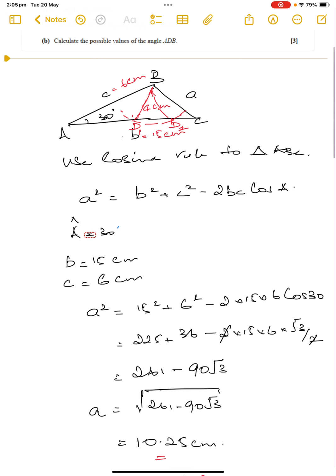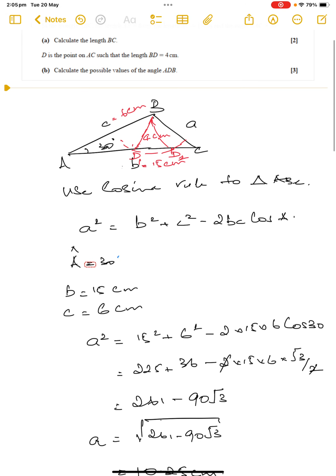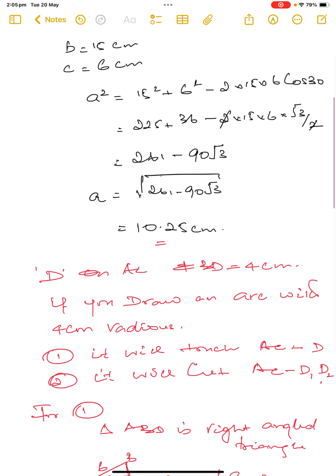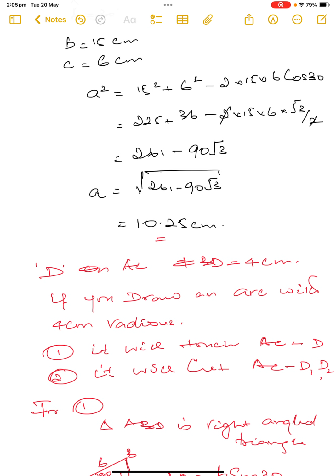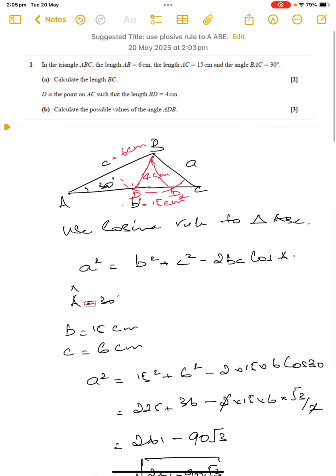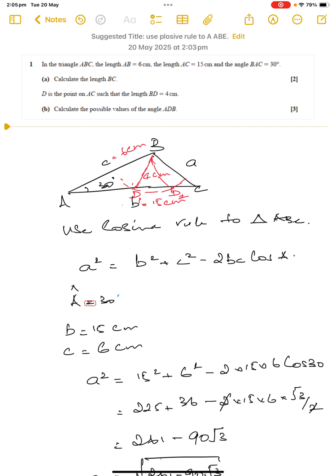So if BD is 4 centimeters, we could do a little arc from the center B with the radius of 4 centimeters; it either could touch the AC or cut the AC. Because the point D is on AC, it should cut at 2 places or touch at 1 place.